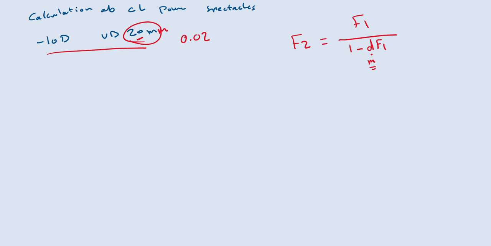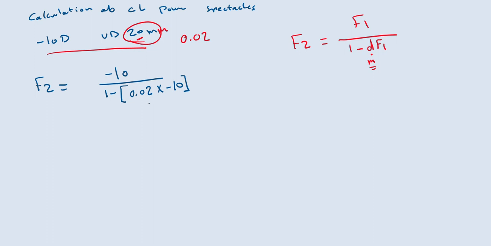So F2, which is the contact lens power, equals -10, and pay attention to the sign convention, divided by 1 minus, open brackets, 0.02 multiplied by -10.